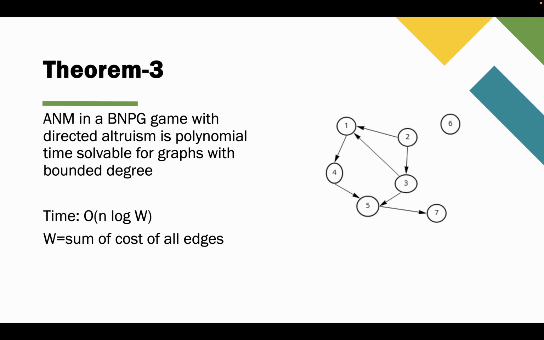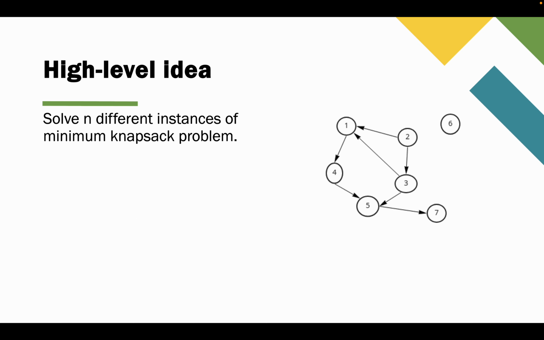However, a surprising thing is that as soon as you make the altruistic graph directed, then in graphs with bounded degree, you can actually solve it in polynomial time. So this is a contrast between directed and undirected.